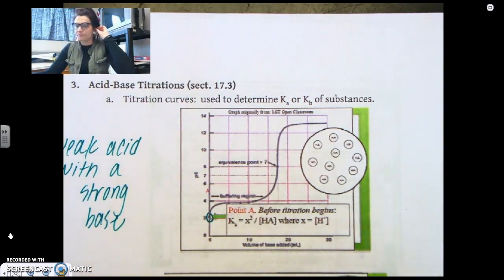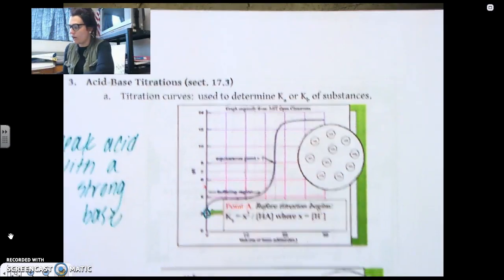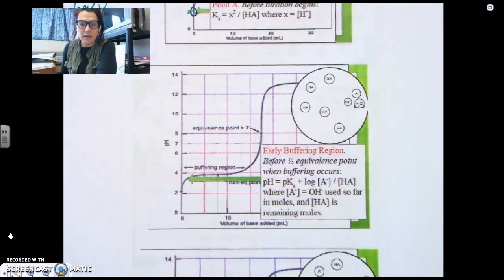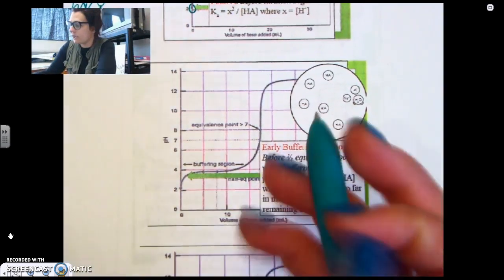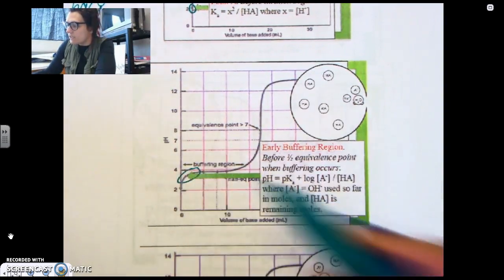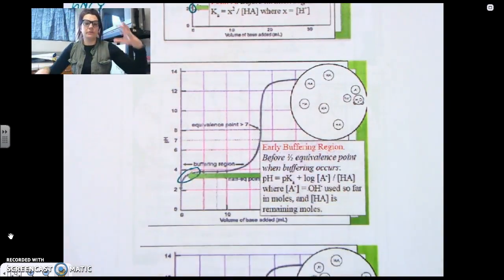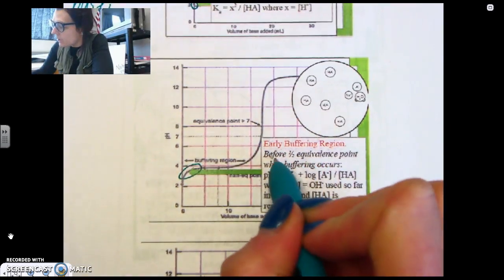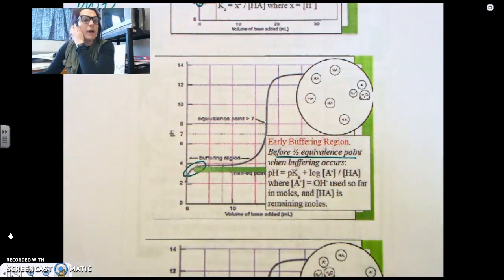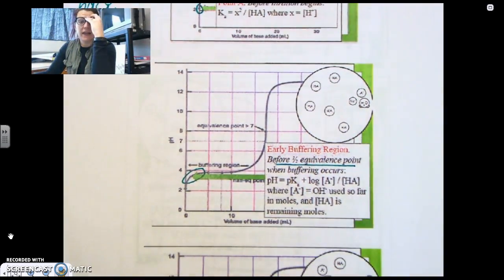All right, so now the next point on the graph, point B, or this area right here, is referred to as the early buffering region, okay? This is where you're going to start to see that weak acid do its buffer tendencies, okay? And we say that this is before half equivalence point. We'll talk about what equivalence is in a second, but before half equivalence, this is before the buffering actually occurs.